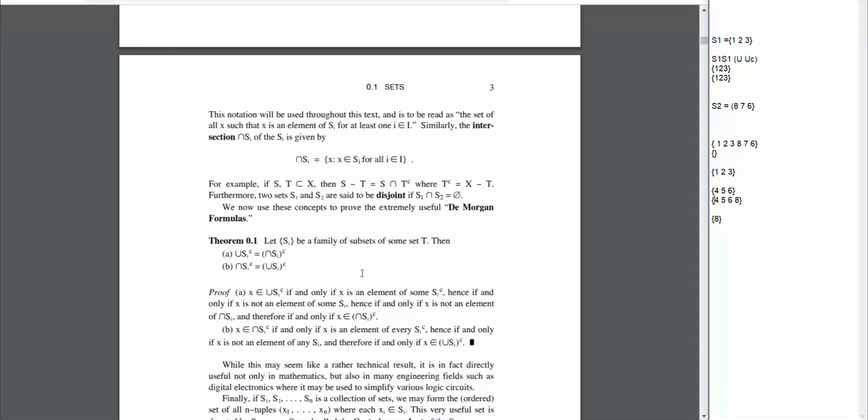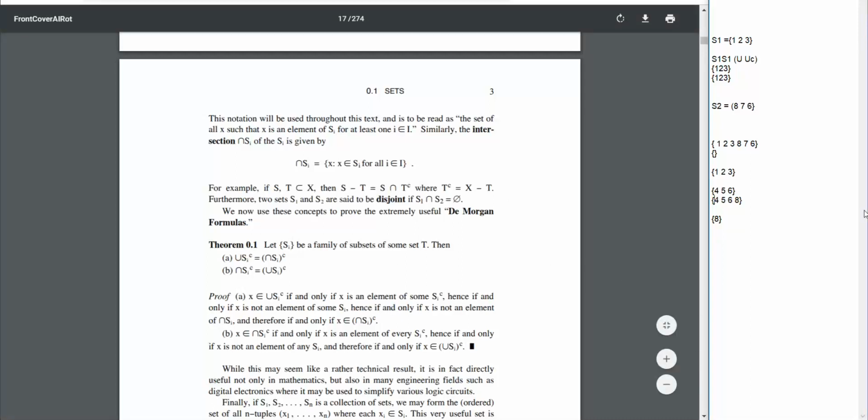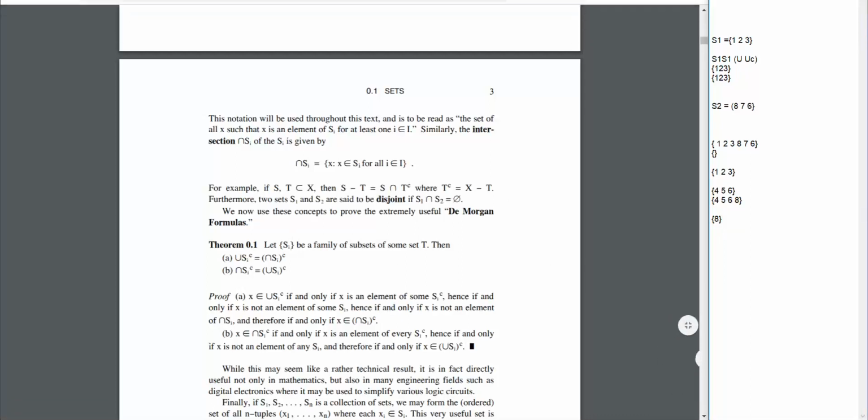And then we come to De Morgan's formula, where you have S1 union S2, all complements. With De Morgan's law, what this is saying is that it would go like S1 complement intersection S2 complement.